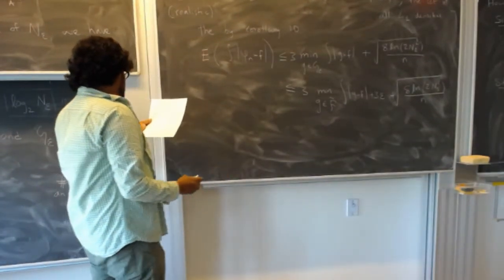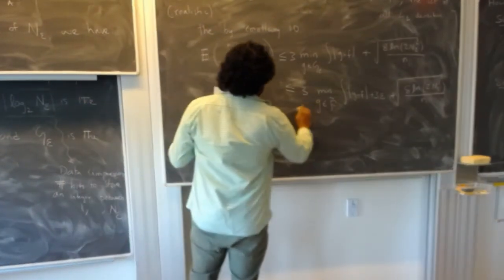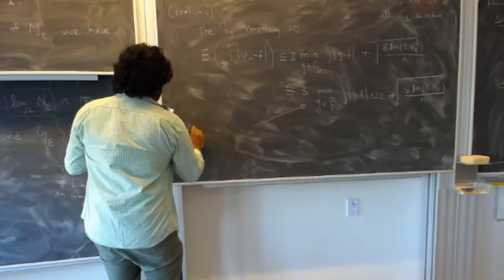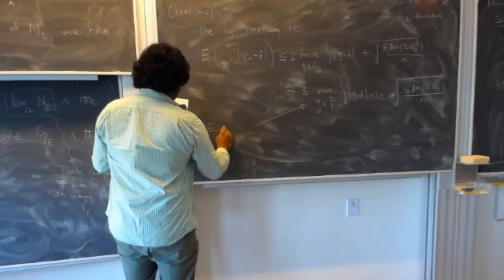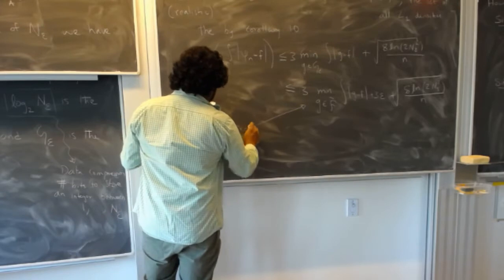Okay. So, in that sense, the minimum distance estimate is robust.